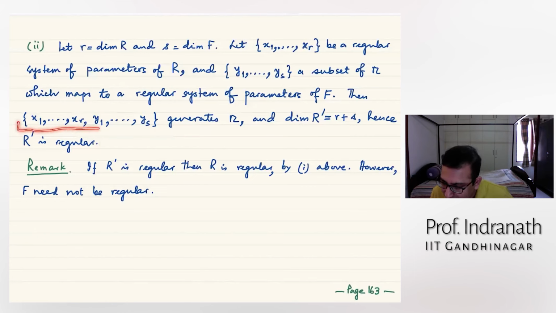So can we always say this? So I have regularity on R and F. So I have started with a system of parameters of R, and then for F. And I'm saying that I am taking that bigger list, and I want to claim that it has to generate N. And you have the dimension of R dash is equal to r plus s, which shows that R dash is regular because you have the right number of elements.